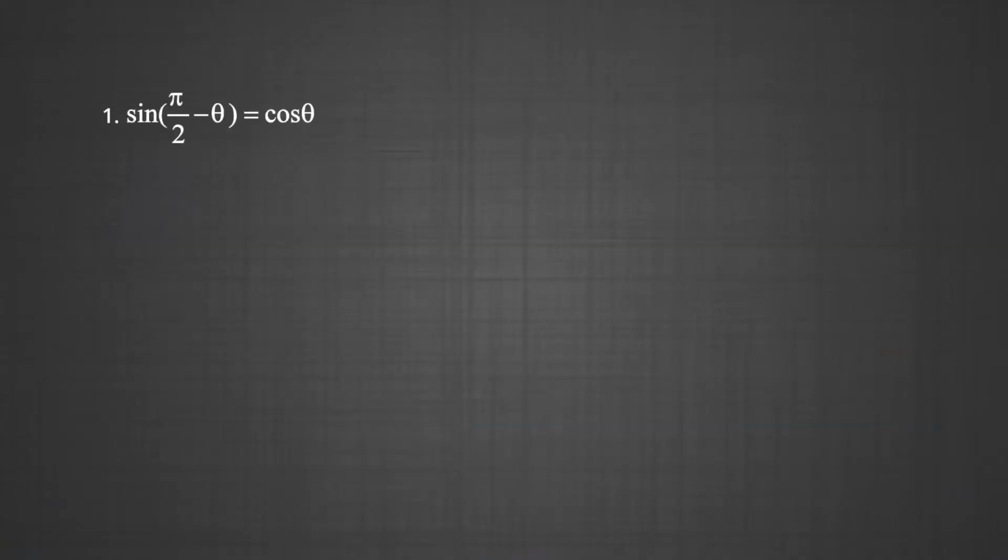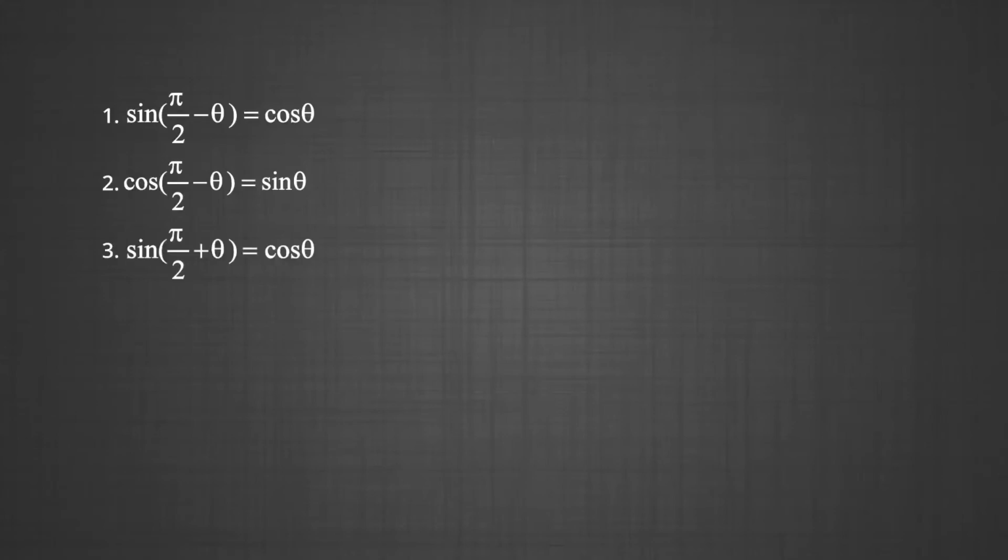These are sin of pi by 2 minus theta is equal to cos theta, cos of pi by 2 minus theta is equal to sin theta, sin of pi by 2 plus theta is equal to cos theta, cos of pi by 2 plus theta is minus sin theta.